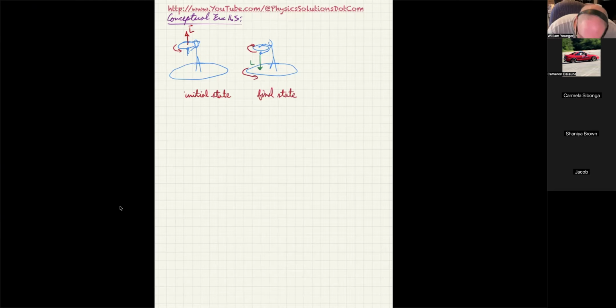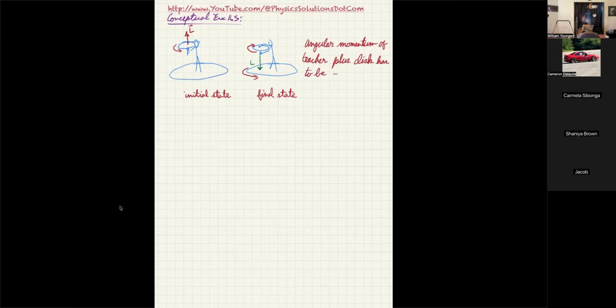And it has to do so by the angular momentum of teacher plus disk has to be negative, or I should say positive 2L. In other words, we just have now this L is negative, and I should put that as a negative because it points the other way.